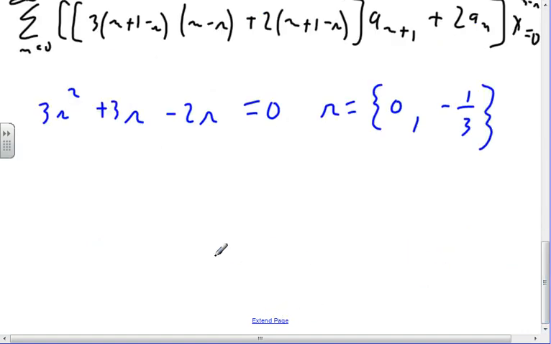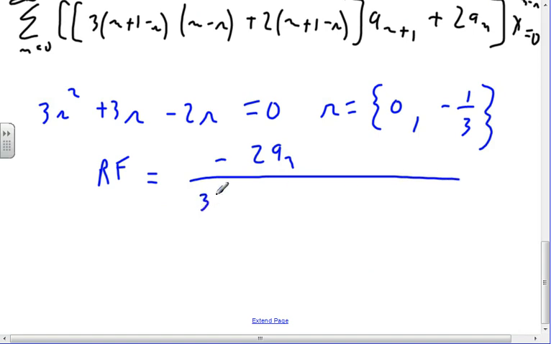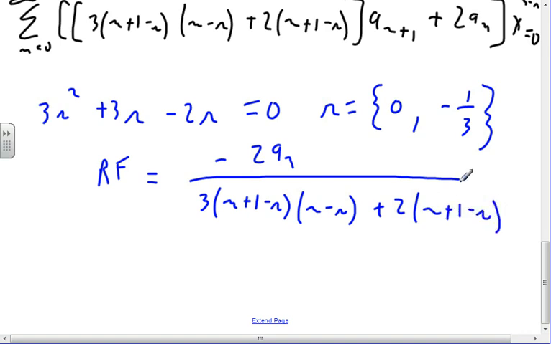All right. And I have a recurrence formula: an plus 1 equals minus 2an divided by 3 times n plus 1 minus r times n minus r, plus 2 times n plus 1 minus r. Okay, case 1. That's sort of like a welfare case, in case you were wondering what case 1 means.